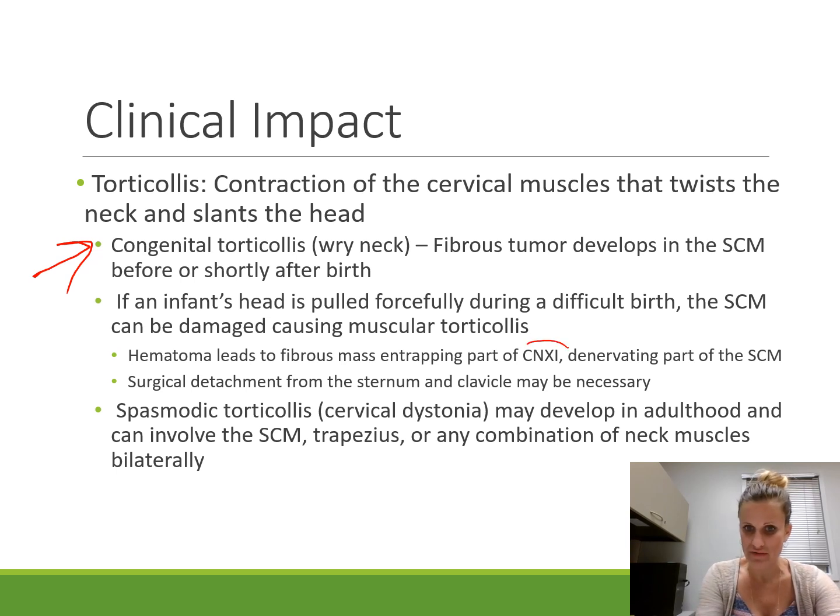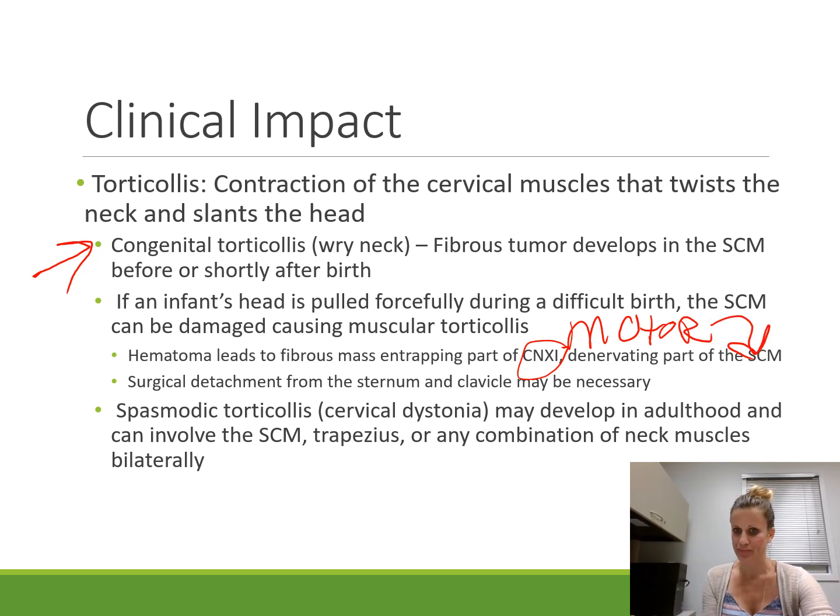Remember that cranial nerve 11 is the spinal accessory nerve, and we said that's the nerve that provides motor signals to the sternocleidomastoid. So if you have a fibrous mass entrapping part of that nerve, you're going to interfere with that motor innervation to one side, one sternocleidomastoid. In this case, sometimes we might need to surgically detach either the sternal head or the clavicular head, or both of the sternocleidomastoid to relieve the tension on the side.